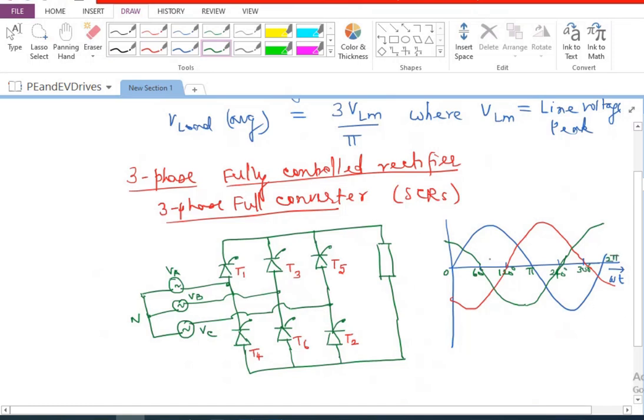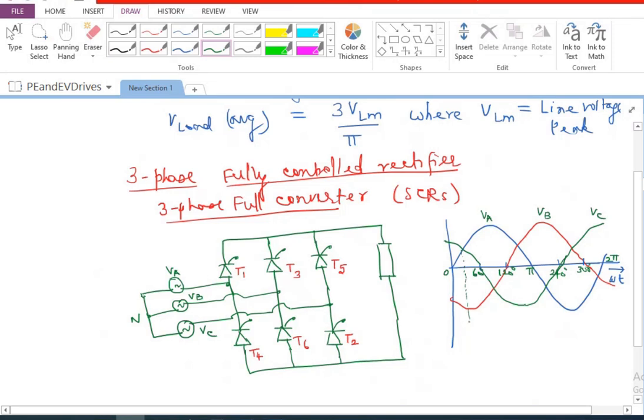Now, as far as the diode rectifier is concerned, we said in the upper device, whichever is the most positive, that will conduct at any point in time. Similarly, at the bottom device, whichever is the most negative, that will conduct at any point in time. That's how we talked about the diode rectifier. So if we call this VA, this VB, and this VC, this is the point at which diode 1 was taking over.